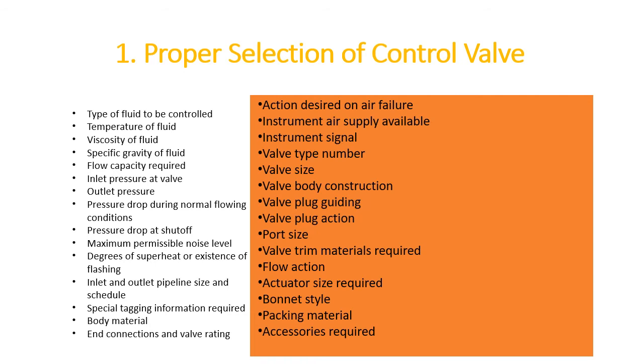Even after you select a valve and it has been used in operation for a while, if you find there is some problem with it, then you should revisit your selection criteria. You can check what areas have gone wrong and what conditions have changed, and accordingly you can tell your OEM or control valve manufacturer that the process condition during the design was this, now the condition has changed, what changes can be done.